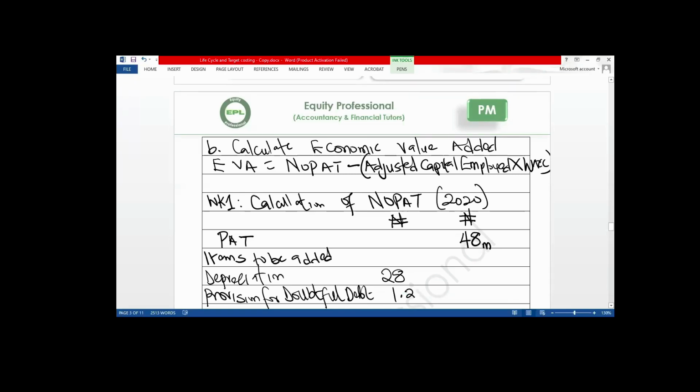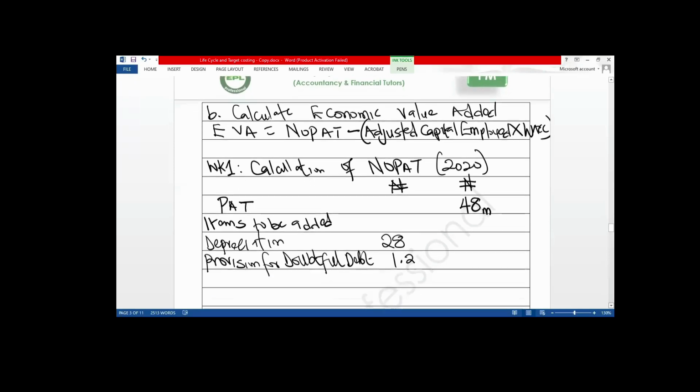Now look at the notes. Do we have provision for deferred taxation? There was no deferred taxation balance prior to 2020. Go and read that note completely, please. The cash paid in the current year is 16 million. All right, good.